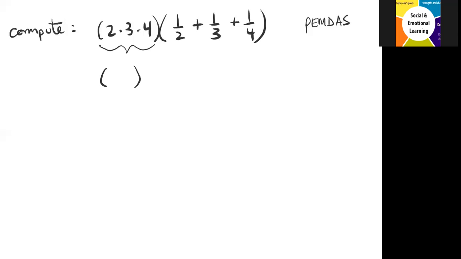Okay, sure. When we have numbers multiplied together like this, we don't necessarily have to do it in 2 steps. But like you said, we could say 2 times 3 is 6 times 4 is 24. However you want to arrive at that.